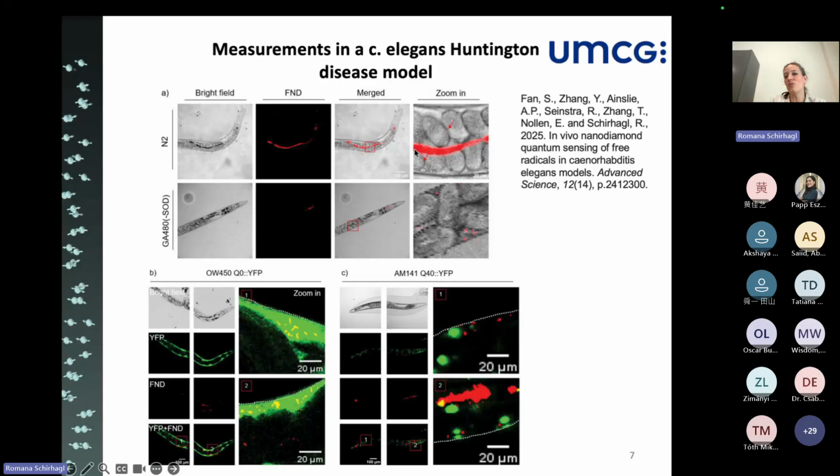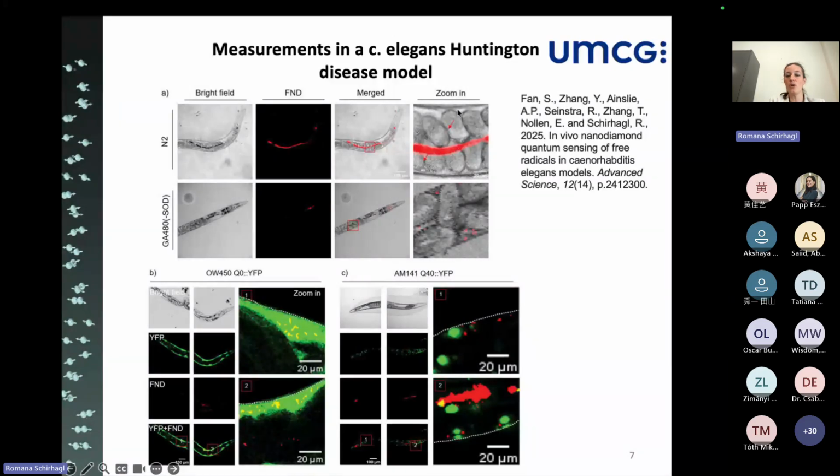Obviously, you don't want to do sensing with these big aggregations here. What we actually used for sensing is these particles marked with the arrow that are a bit further away from the gut. So we don't measure this, but we measure in the cells in the intestine.